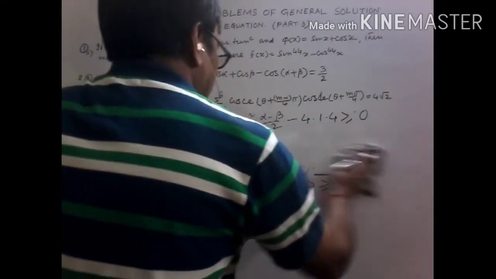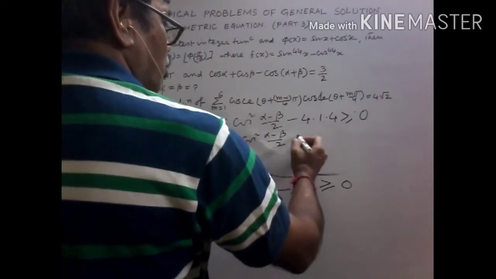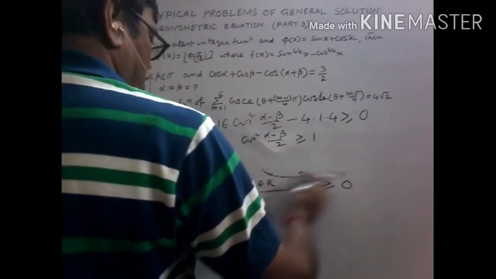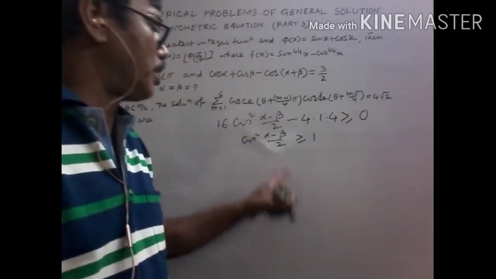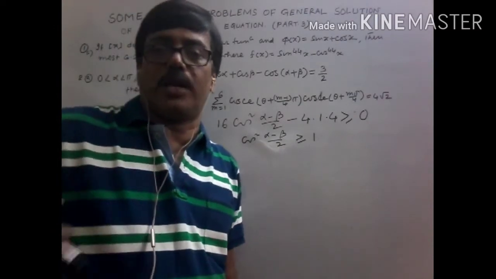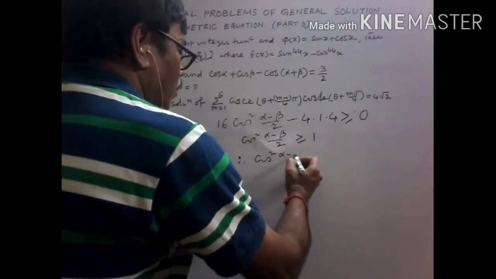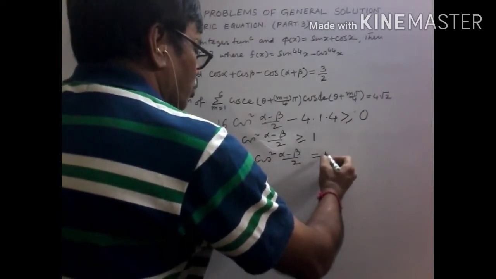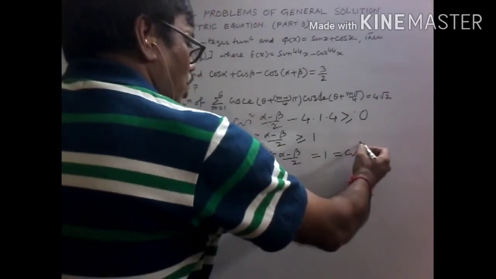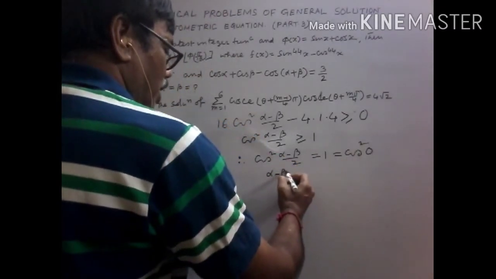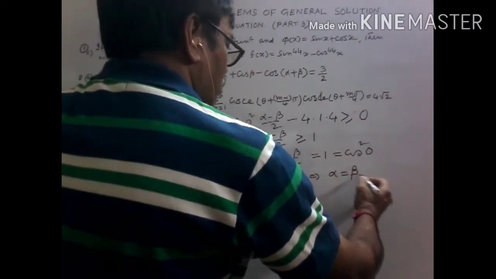So what we are getting: cos²((α−β)/2) ≥ 1. So we know the maximum value of cos²((α−β)/2) is 1. So it is possible when cos²((α−β)/2) equals 1, equals cos² 0, so (α−β)/2 equals 0. So α equals β.